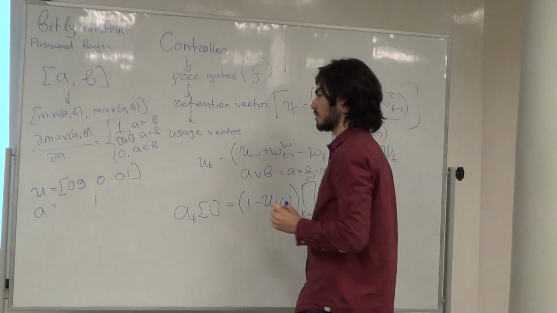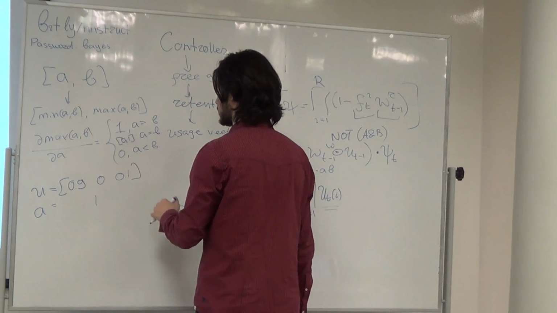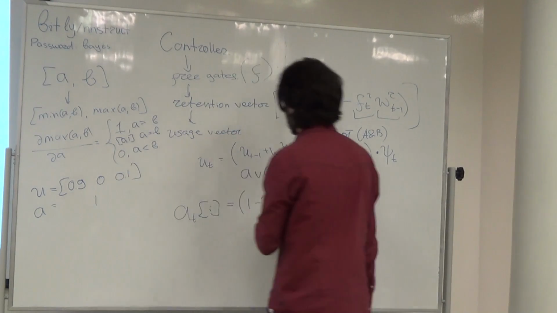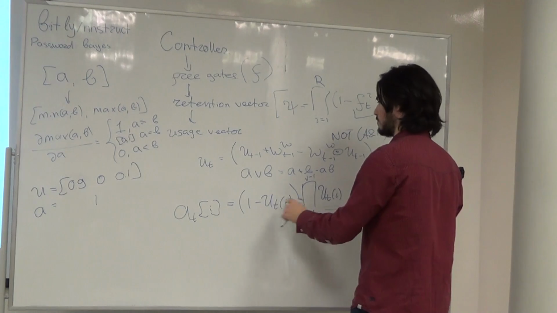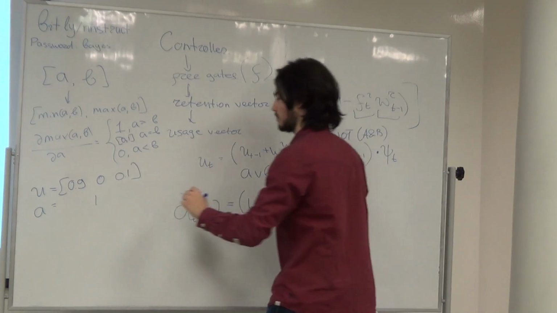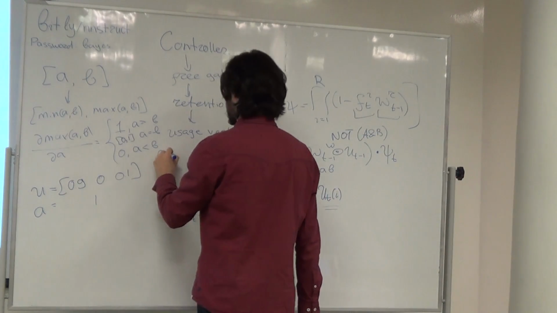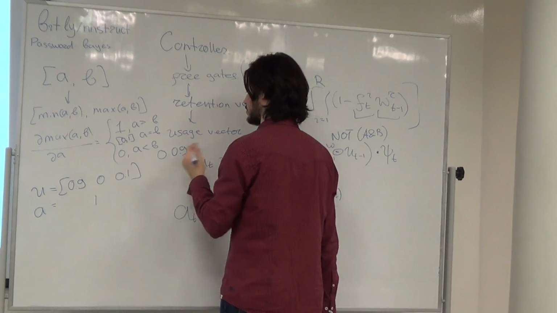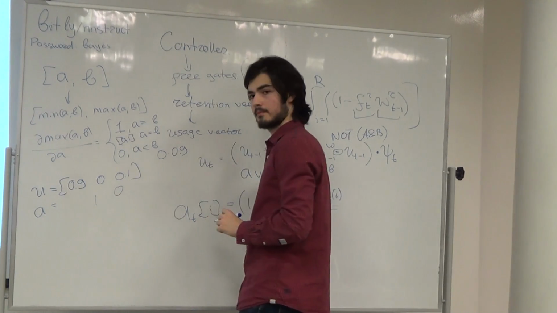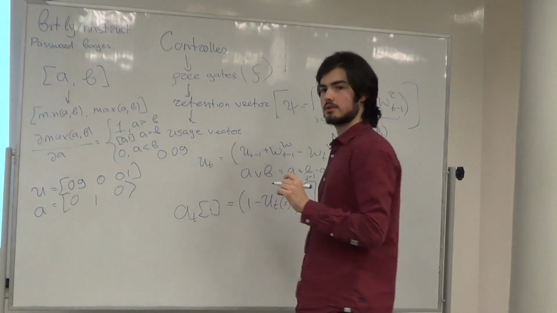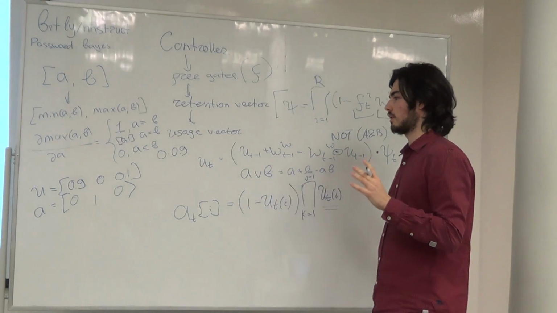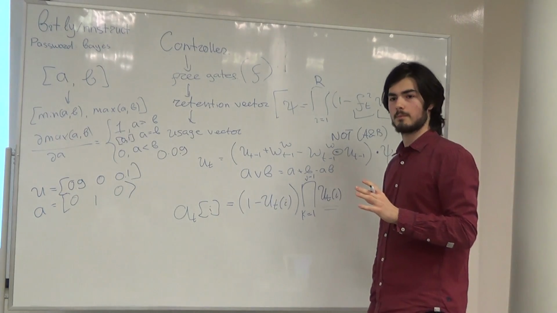Okay. So next we go to the second smallest position. It is this one. So we take 0 times 1 minus this value. So this would be 0 times 0.9, which equals 0. And the same for this. So the allocation vector would have 1 in the only empty position.